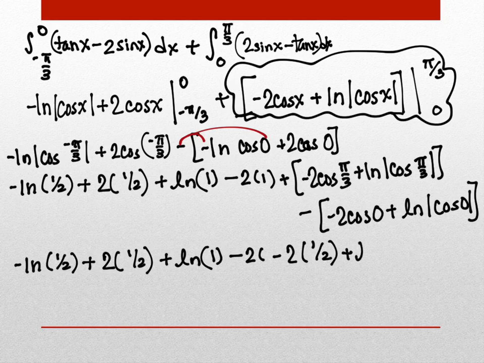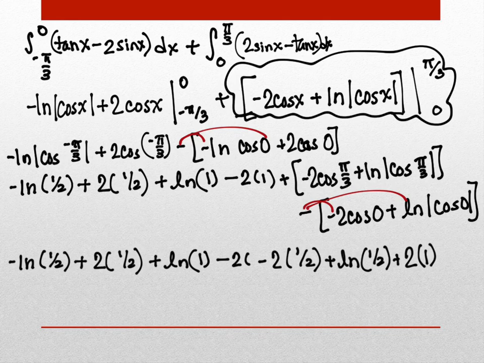And then plus the natural log. Again, cosine of pi over 3 is 1/2. So you don't really need absolute values, so 1/2. Minus a negative, so this one will cancel and distribute through. So I have plus 2 cosine of 0, which is 1. Get my numbers straight, 1. And then I'm a tiny bit out of space, so let me shrink it just a little bit.